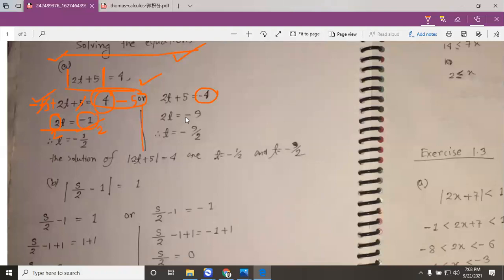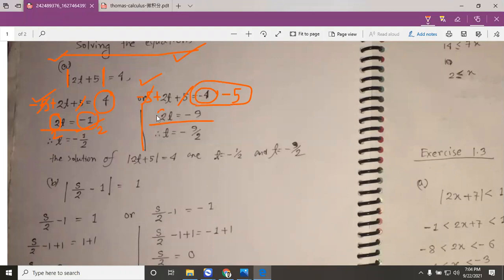And on the other side, we also subtract 5 here and also here. So this 5 and this 5 become 0. We get 2t is equal to minus 5 minus 4, which is minus 9.